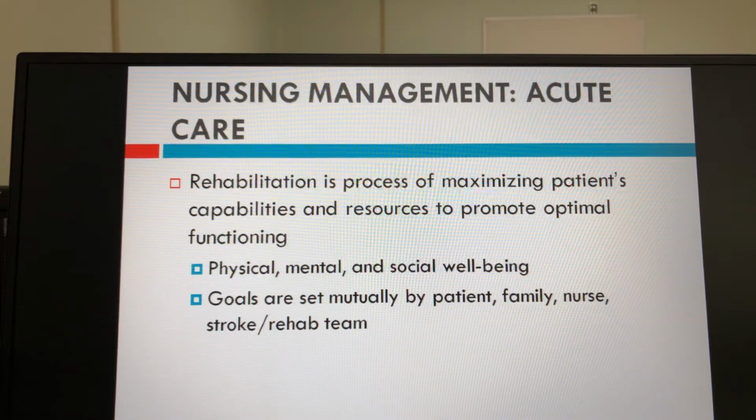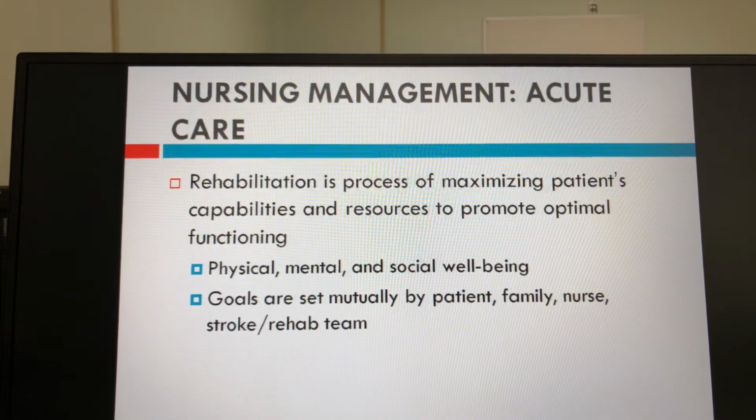So physical therapy focuses on mobility, progressive ambulation, transfer techniques, and equipment that's needed for mobility.